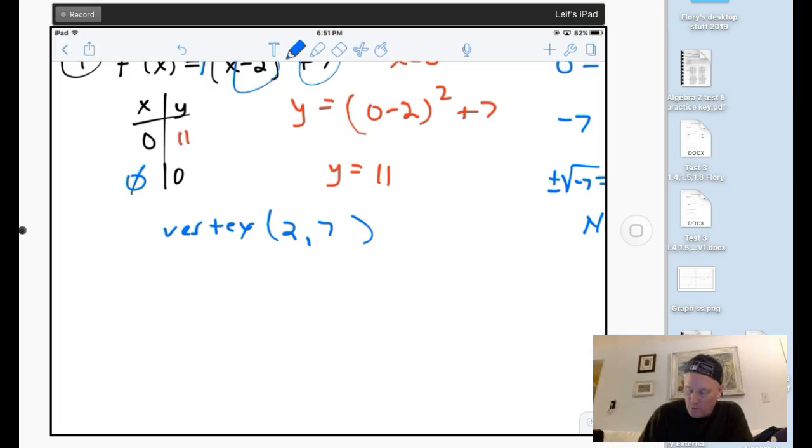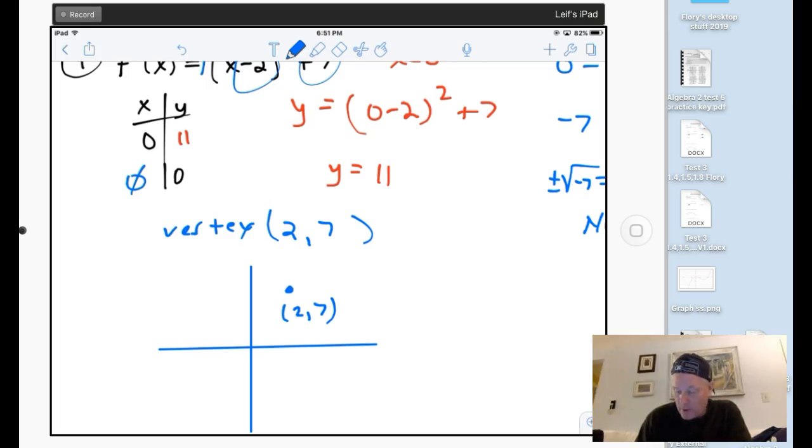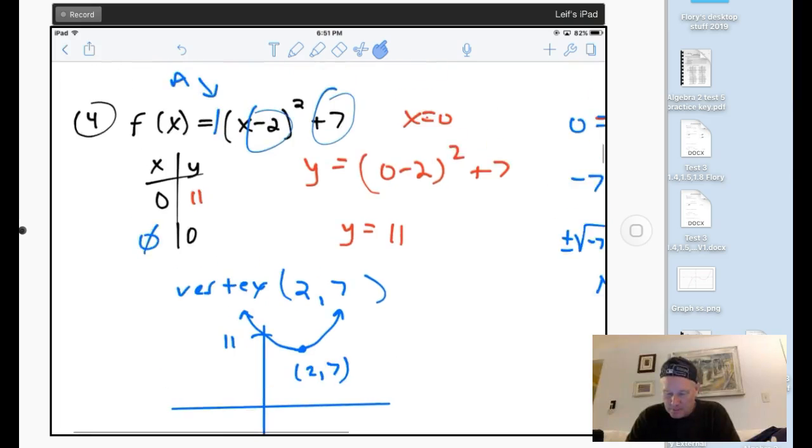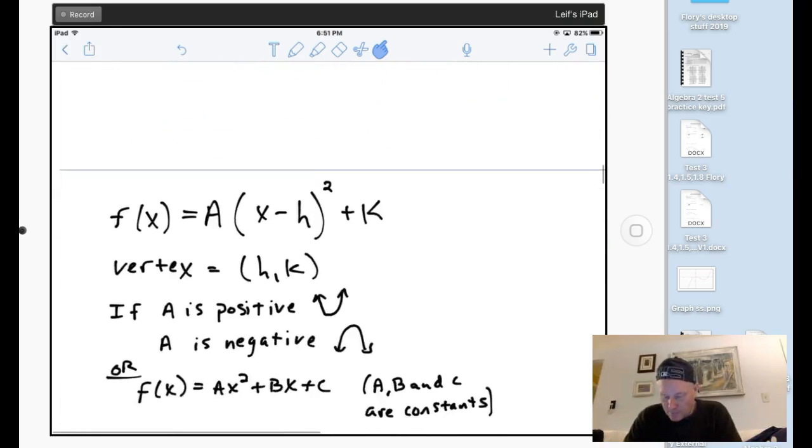So if I draw my quick graph over here, and my vertex is at 2, 7, which is here, take my word for it, and it opens up, goes like this, and it hits the y-axis at 11, but doesn't actually hit the x-axis at all. So that makes sense, okay? All right, so there's that one.